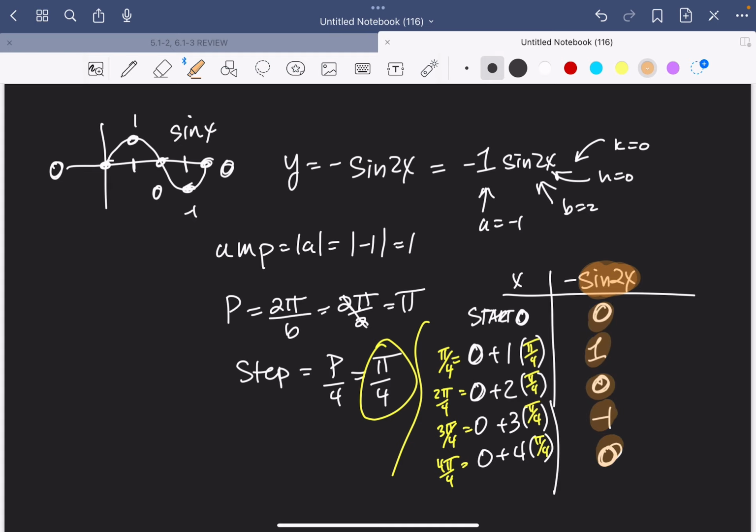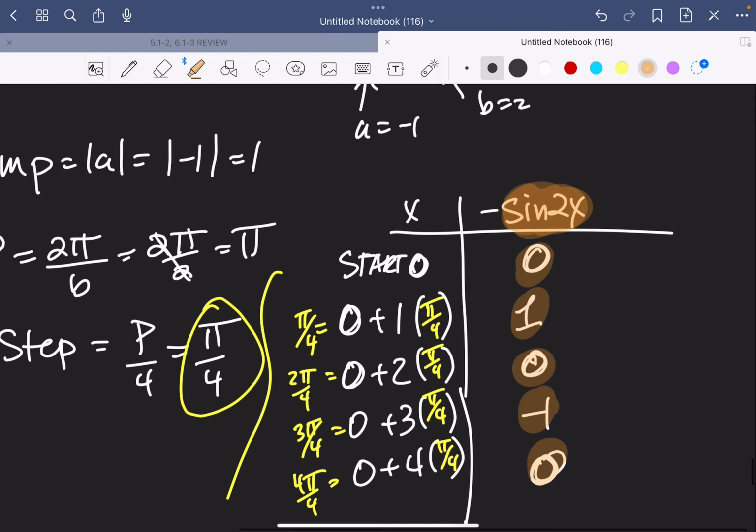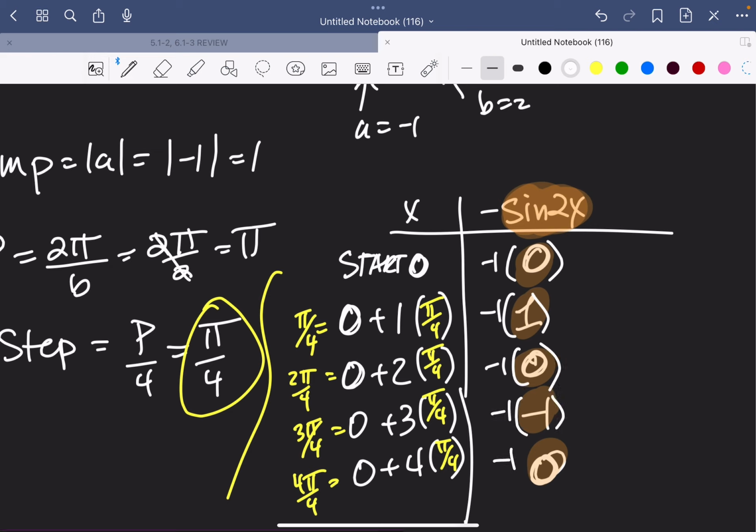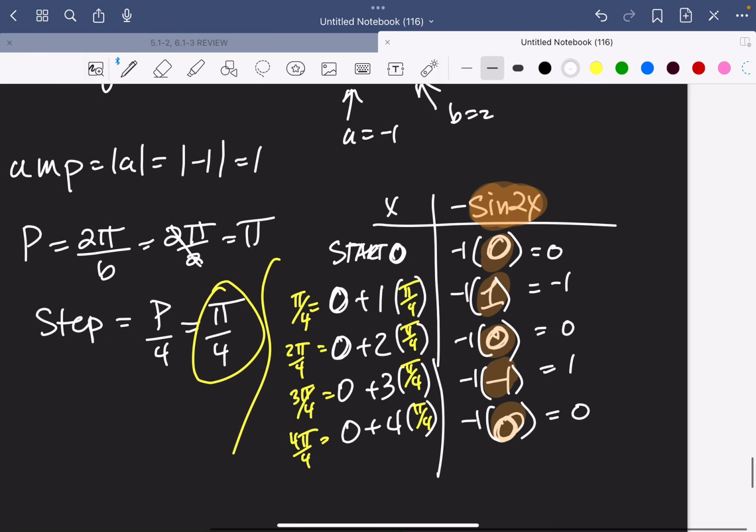We're going to take all those old outputs and hit them with a -1. And that's really algebraically going to do that reflection that we had. So it's 0, -1, 0, 1, and 0. And now we're ready to graph.